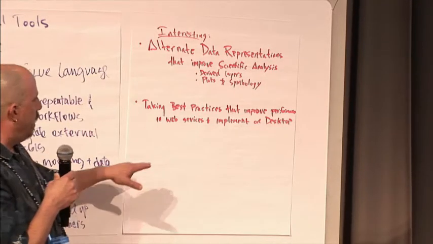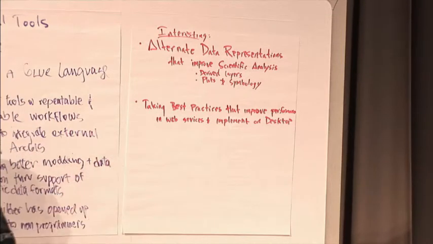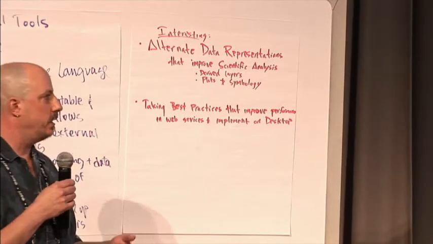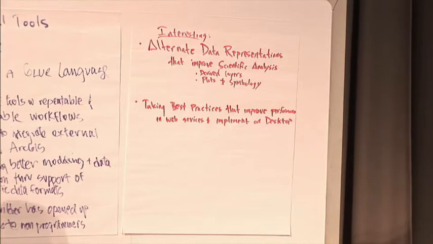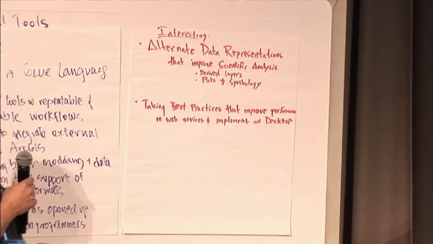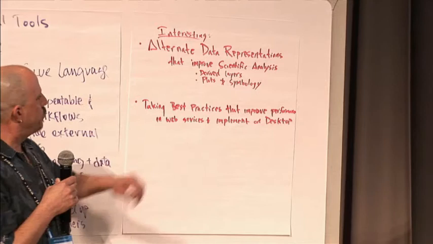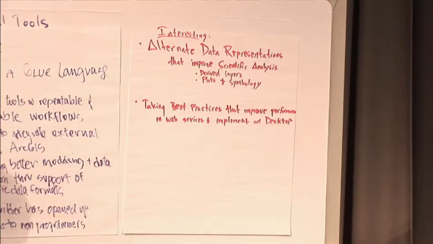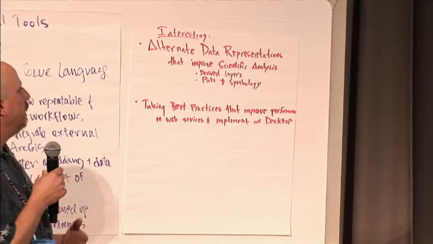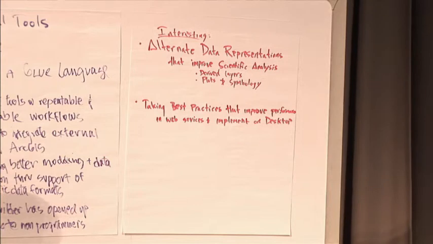Because of the design considerations when creating one of these services to work online, things can be done much more efficiently, and you're forced to do things much more efficiently when you design for that environment. And trying to adopt those same practices and implementing them on the desktop may be a good direction to go. I think that's all that we have to report.